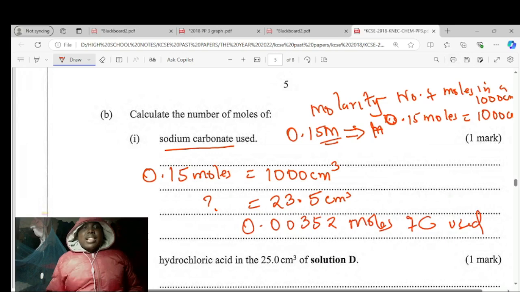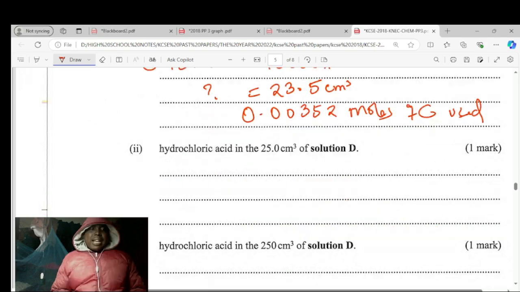Now the next question is to calculate the number of moles of hydrochloric acid in 25 centimeters cube of solution D. To get that, you must write a balanced equation for the reaction between HCl and the sodium carbonate. That is the only remedy. That is the only thing that will help you.